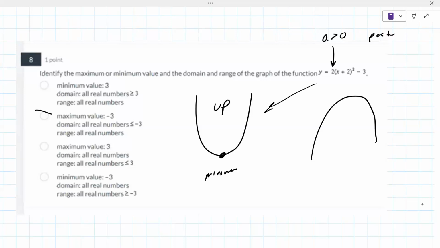Wait, so if A is over 1 and positive, then it opens up? No, if it's just positive. If A is less than 0, a negative number, it will open down and have a max.